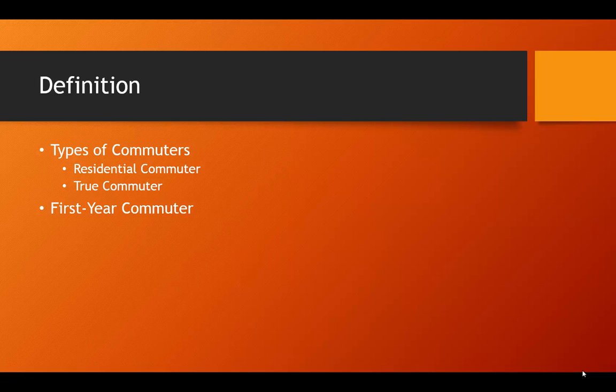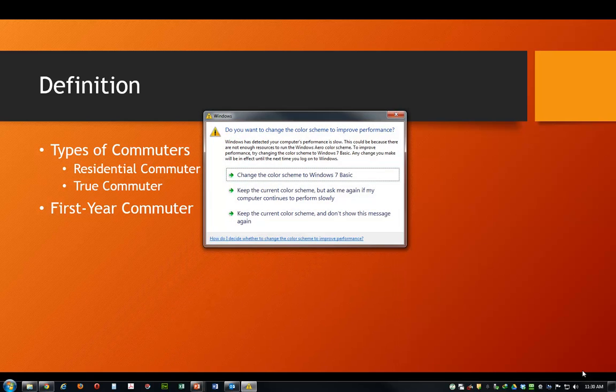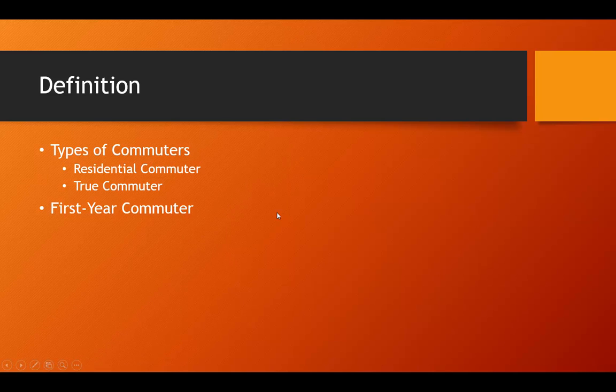Then there's also going to be a distinct difference between a first-year commuter who could have spent their time living at home as opposed to living on campus their first year of school, whereas a fourth-year commuter may have an apartment off campus, and they're still considered a true commuter because they're not living in the proximity of campus.